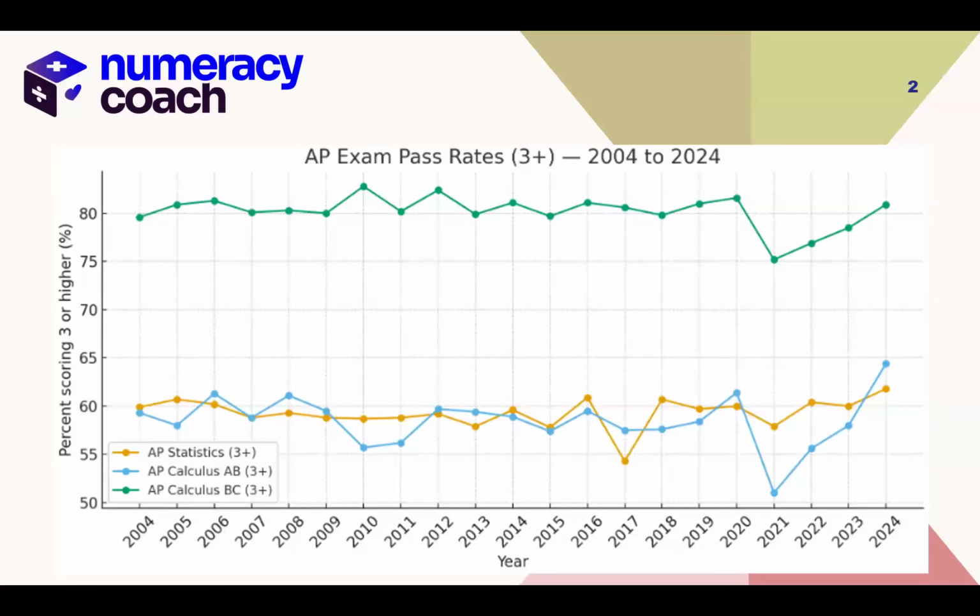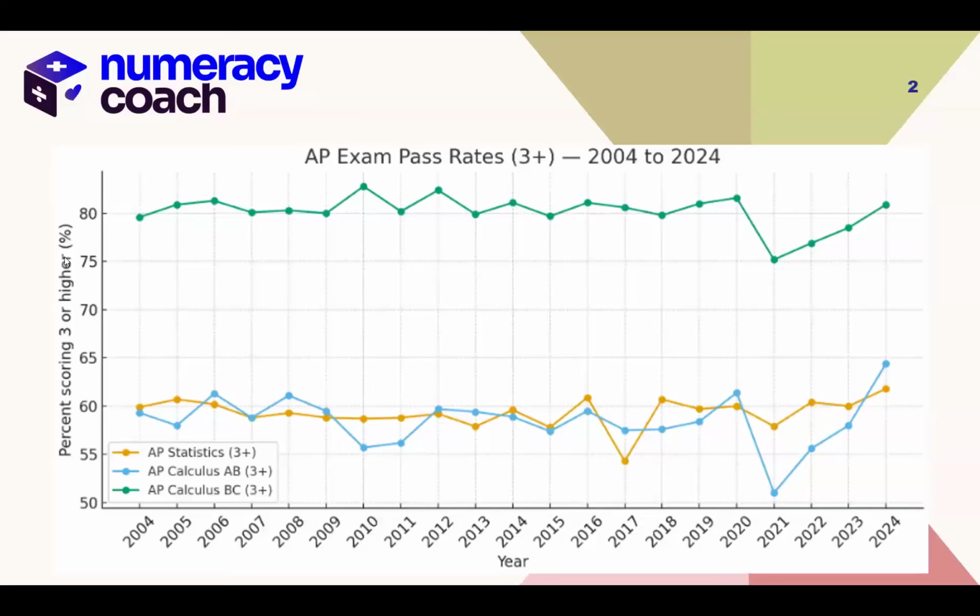So let's start with the big question. Why is it that AP Stats, which is so often said to be a super easy A, actually is one of the lowest scoring exams nationally? Historically, AP Stats has had a lower pass rate than AP Calc BC.